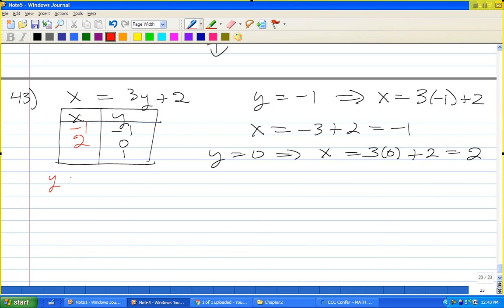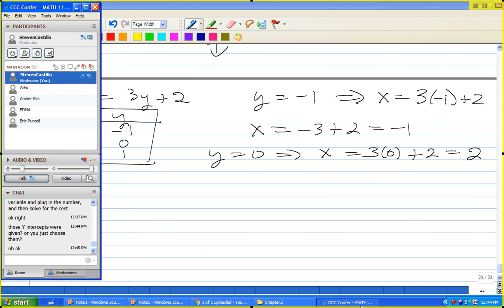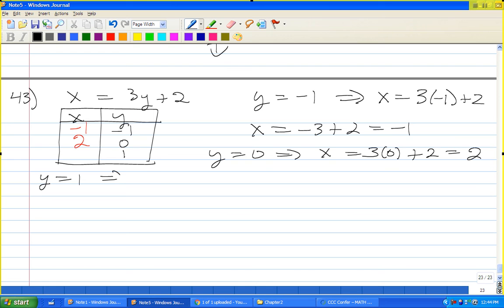So lastly, let's see what happens when y is 1. When y is 1, I have x equals 3 times y plus 2. 3 plus 2 is 5. So let's sketch this.